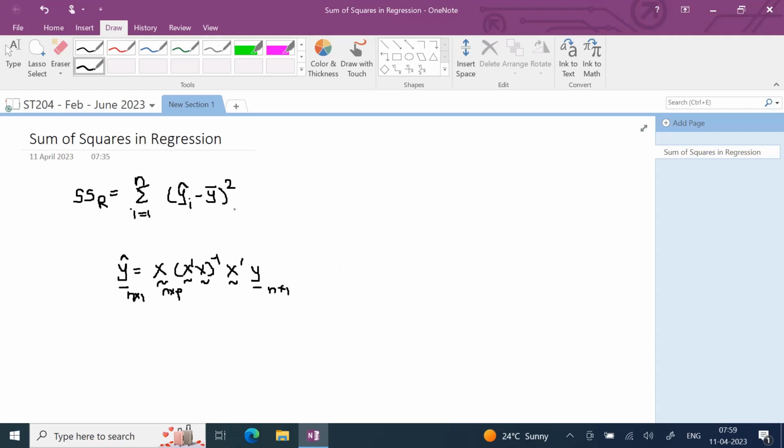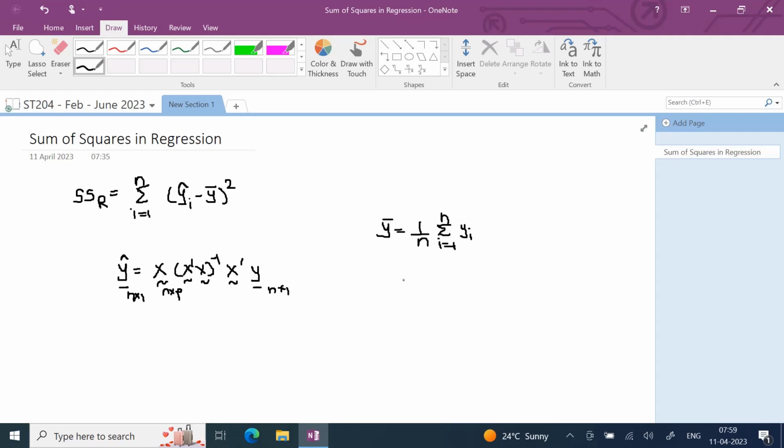I could write similar vector notation for y bar. So y bar, what we know is 1 upon n, sum over i going from 1 to n yi.